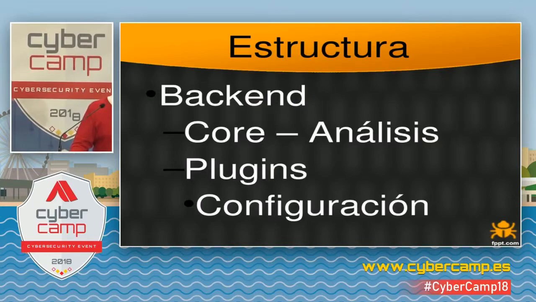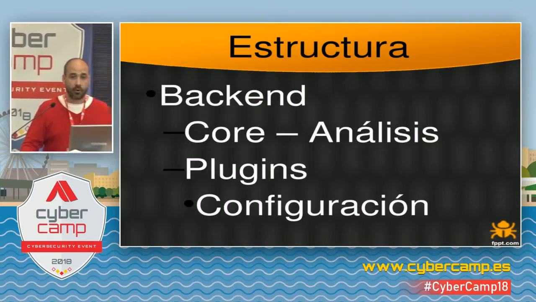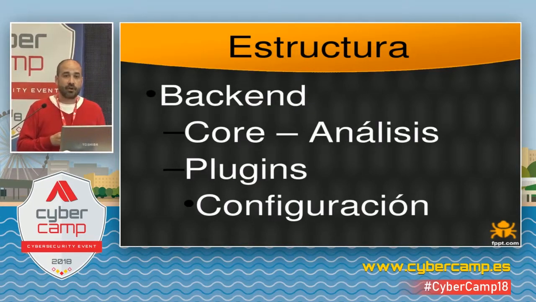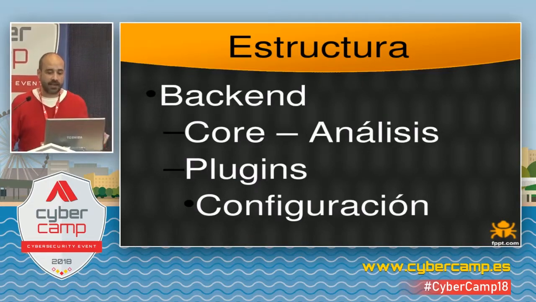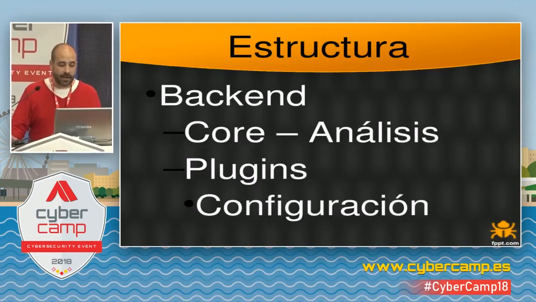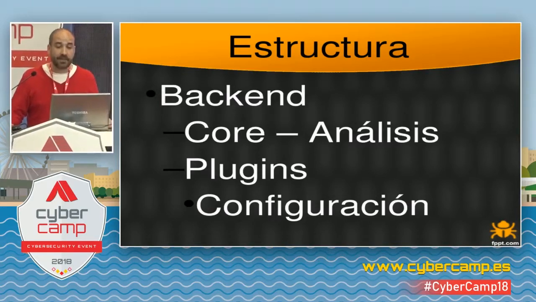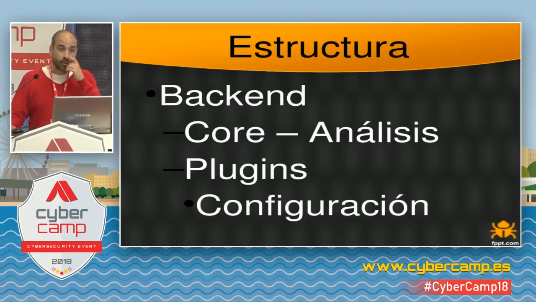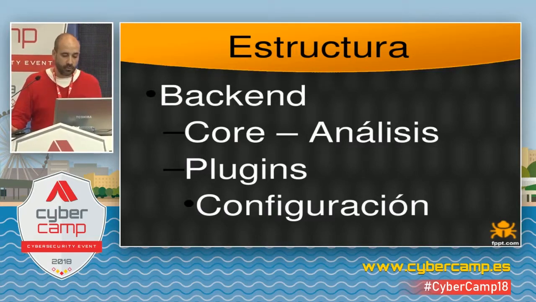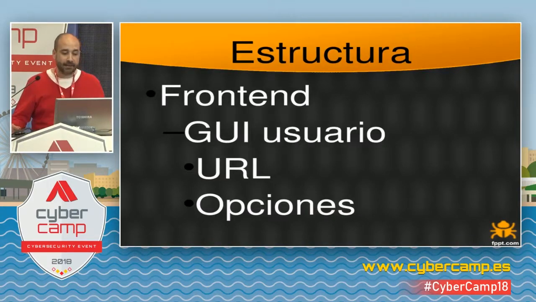We've got a tool with a backend made up by the core that connects up to the websites and collects data for further analysis at the backend. We also have the plugins all structured in files, and a directory with configuration, or settings, for each plugin.